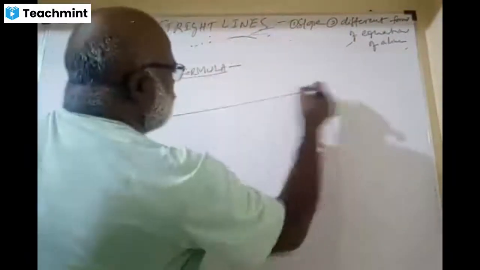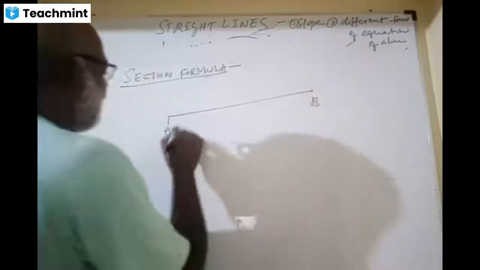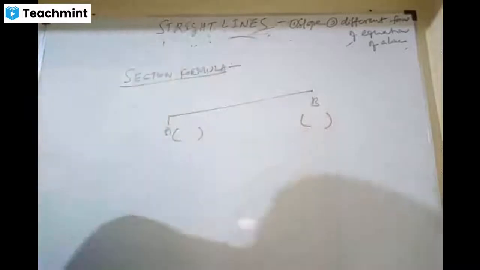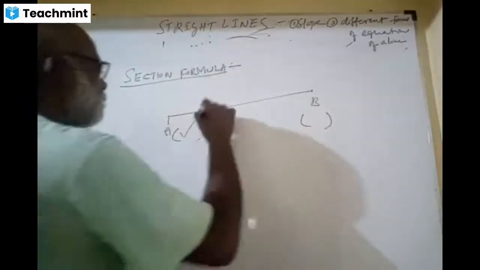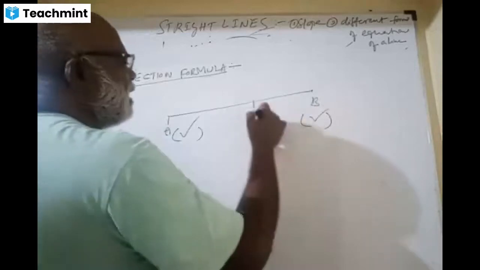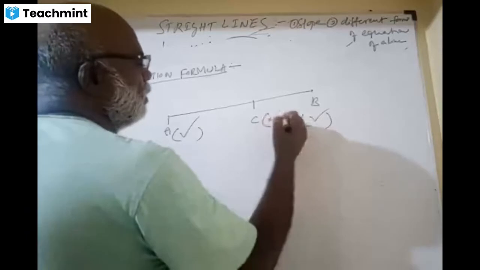Wonderful, dear, wonderful. Friends, here there are 2 points by which you get a line segment. A is a given point and B is a given point, therefore you get the line segment AB. And there is another point called C, whose coordinates are unknown.